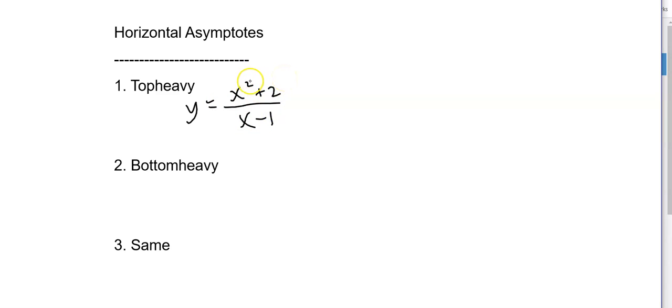The degree of the top is 2, the degree in the bottom is 1. So this is top heavy in degree. Therefore, when it's top heavy, there's no horizontal asymptote. That's going to happen. Some functions have a larger degree on top.